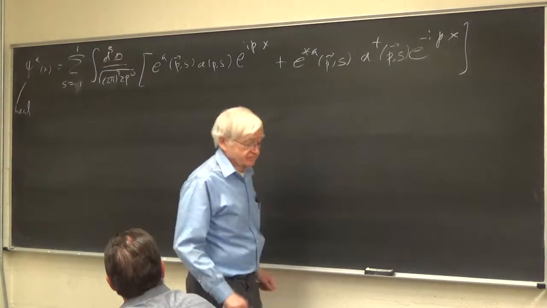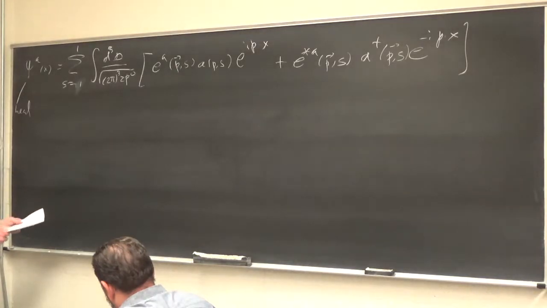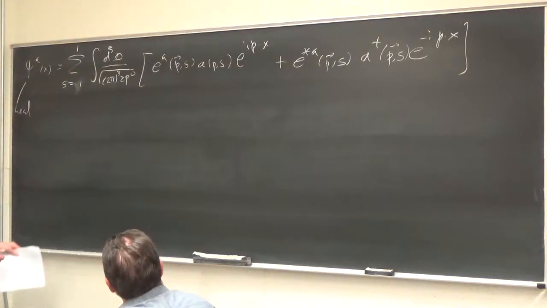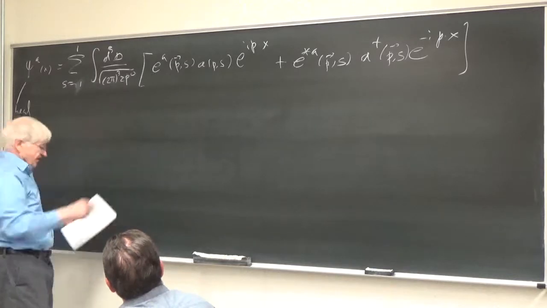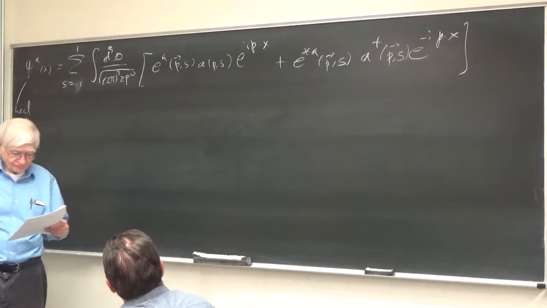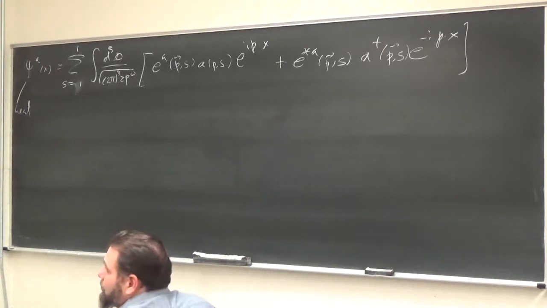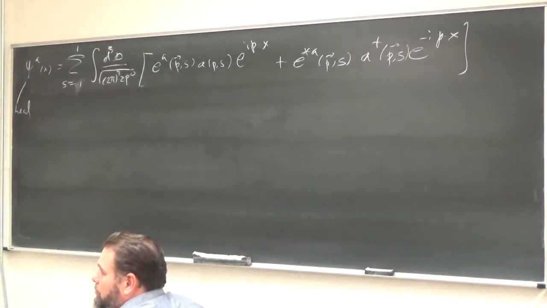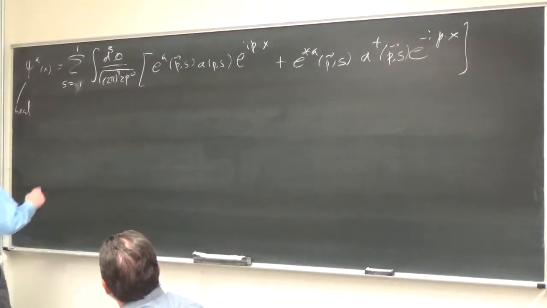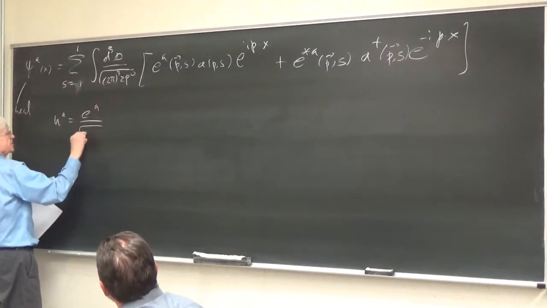Okay. And so what happens is, if you take this expression for the field and substitute it in here, well, what happens basically is that the u's, so u_A is equal to e_A over the square root of 2p0.